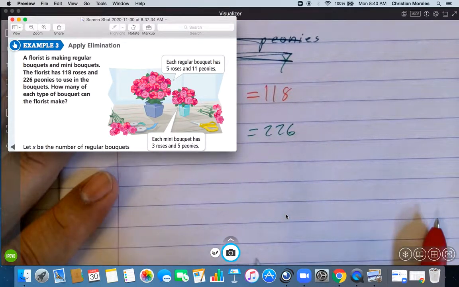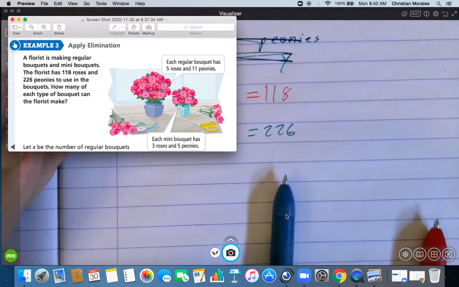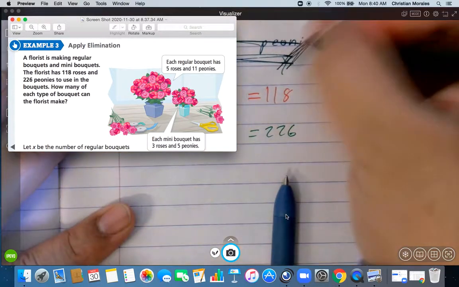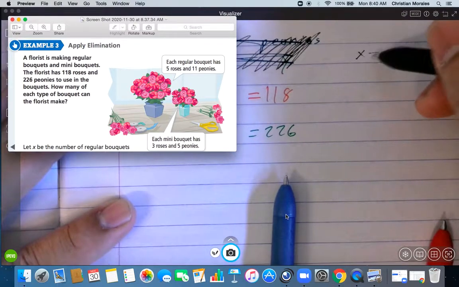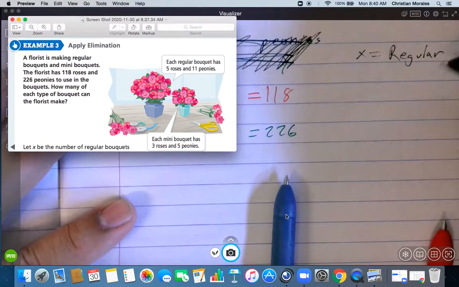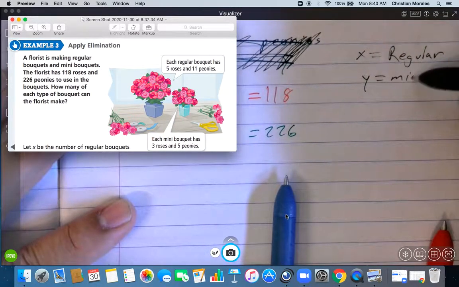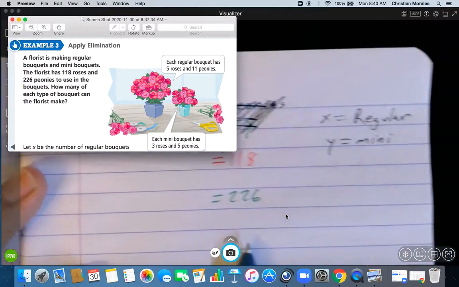So the way we're going to differentiate is a regular bouquet and a mini bouquet, okay? So instead of x and y being the flowers, we're going to have x be the regular bouquets, and we're going to have y be the minis, okay? So when we set this up, it's going to look something like this.